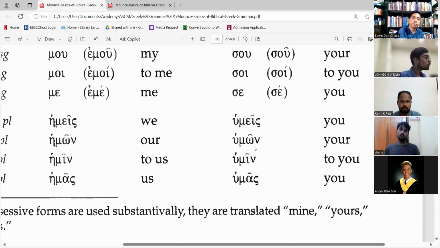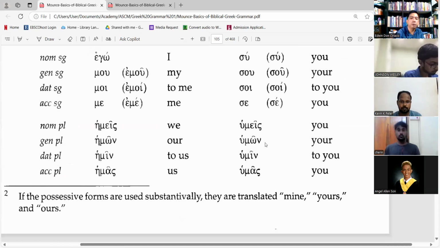Just a quick reminder, because pronouns are very common in Greek, practically very common in any language, because they reduce the repetition of the name, rather than calling a person repeatedly with the same name.